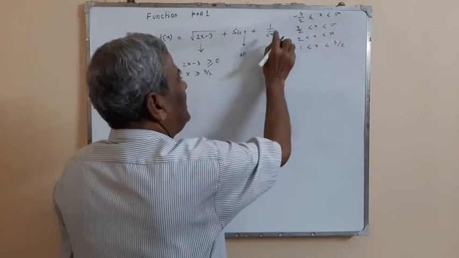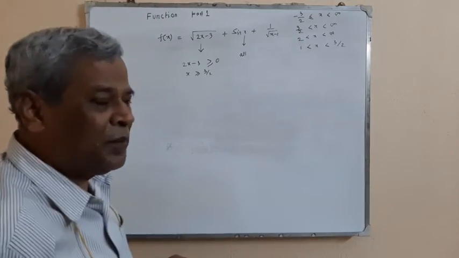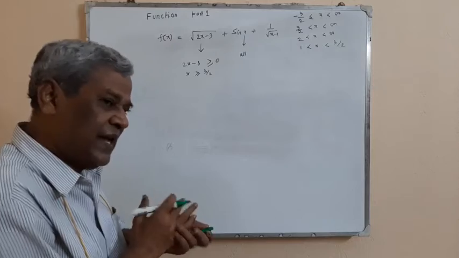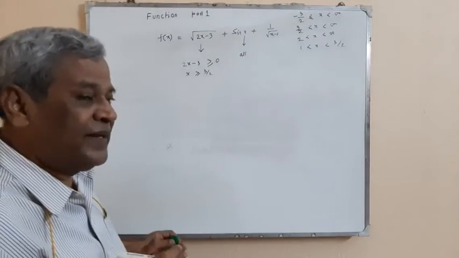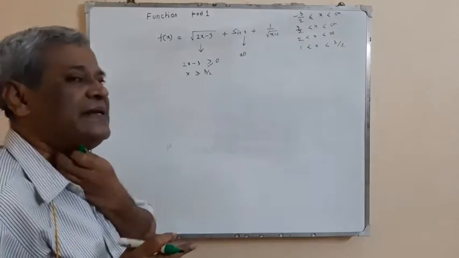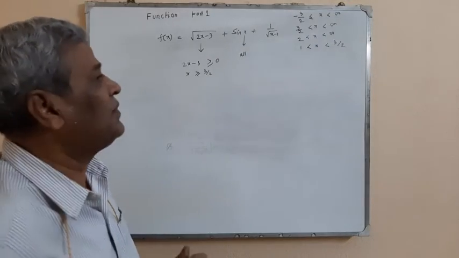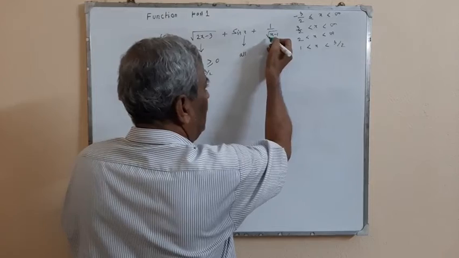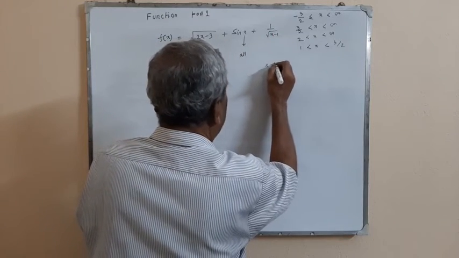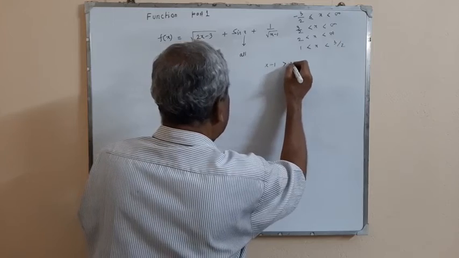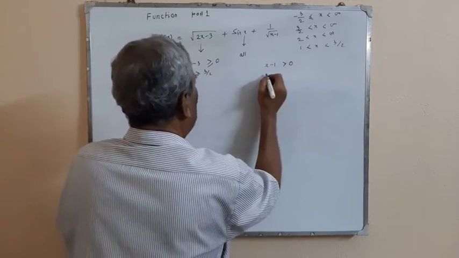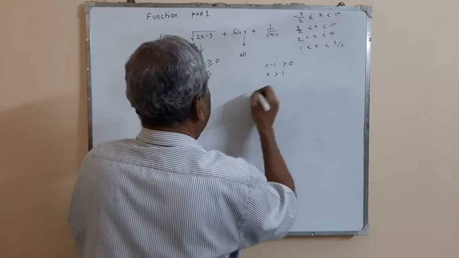And this one is 1 by root over x minus 1. Root is there and denominator is there. The denominator cannot be 0. If the denominator is 0, then it is undefined, infinity. And since it is within root, x minus 1 should be greater than 0, not equal to 0. So x is greater than 1.